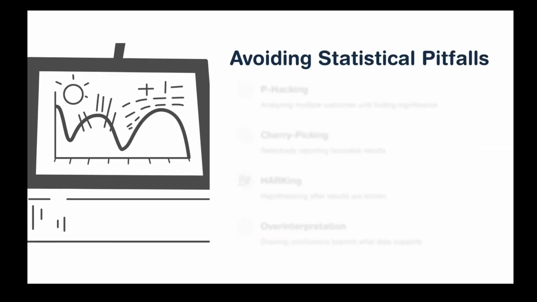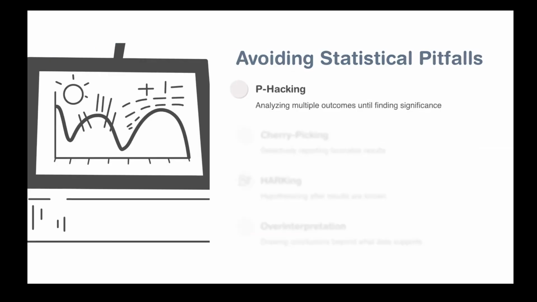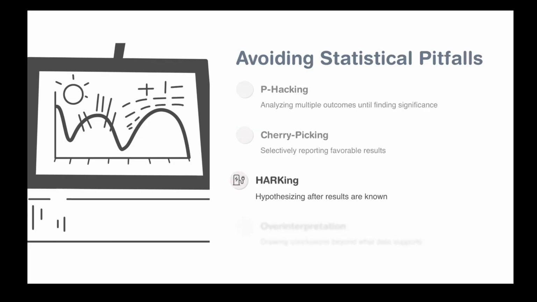And we need to avoid statistical pitfalls like p-hacking, analyzing multiple outcomes until we find significance, and cherry picking, selectively reporting favorable results, and that is not good for the research outcome, right? Then harking, which is hypothesizing after results are known. And overinterpretation, drawing conclusions beyond what data supports. So we need to avoid these pitfalls, okay?